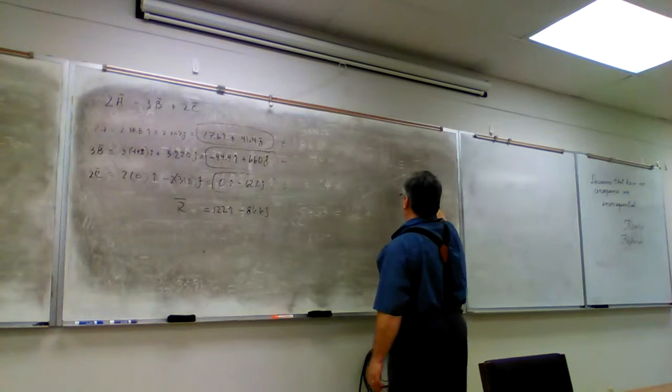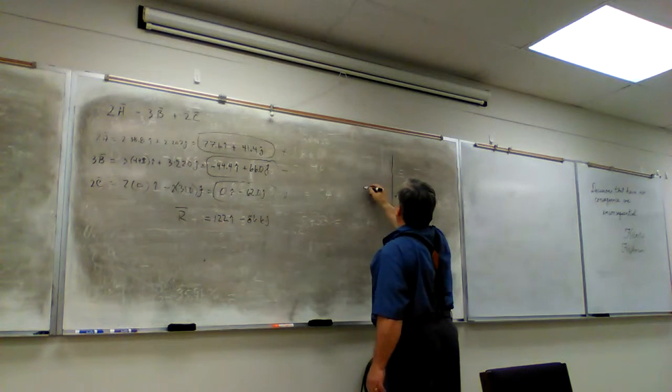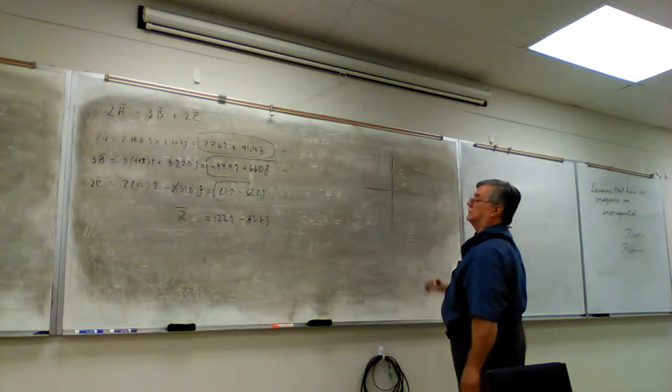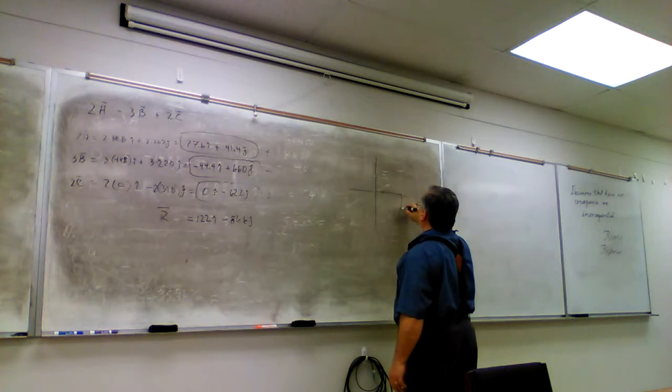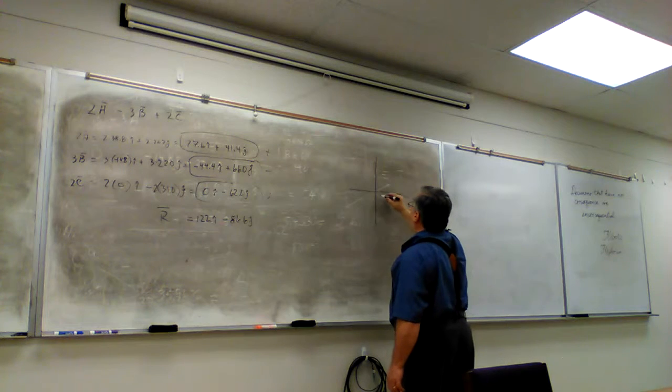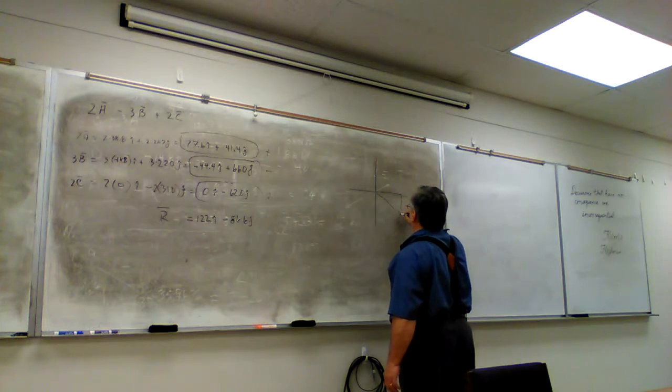Now, just to make sure we don't mess up our arithmetic again, let's look at where that vector is. It's plus 122 minus 86.6. It's going to be pointing down here somewhere.